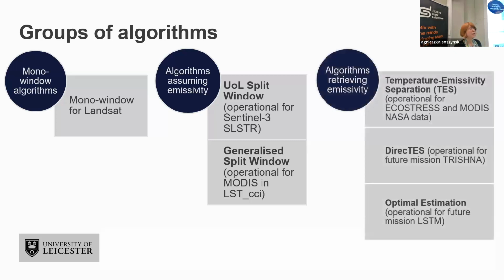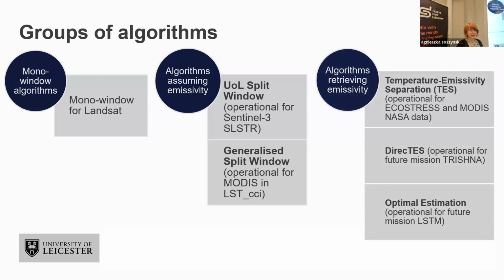Now, the third group of algorithms, which is emerging strongly now, is the algorithms retrieving emissivity as well as temperature. Among these, we have NASA's flagship algorithm TES, temperature emissivity separation, which is operational for everything that you download from NASA, so ECOSTRESS, MODIS, VIIRS.